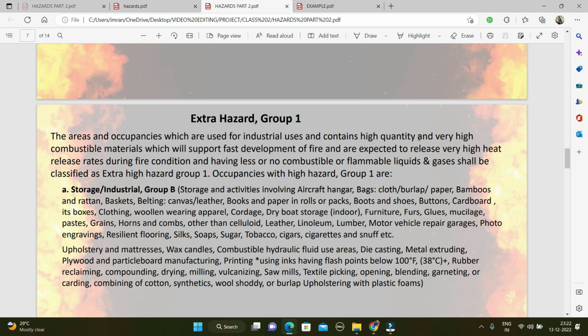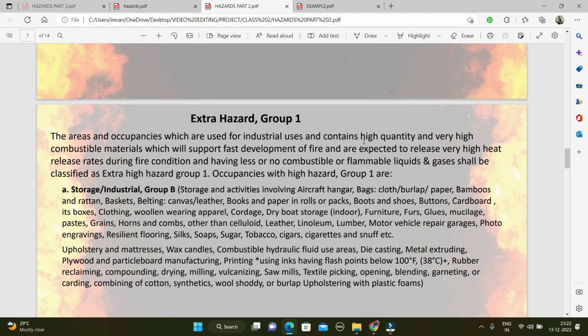See, the area and occupancy which are used for industrial usage and contain high quantity and very high combustible materials which will support fast development of fire and are expected to release a very high heat rate during fire condition, and having less or no combustible or flammable liquid and gas, shall be classified as extra hazard group 1.